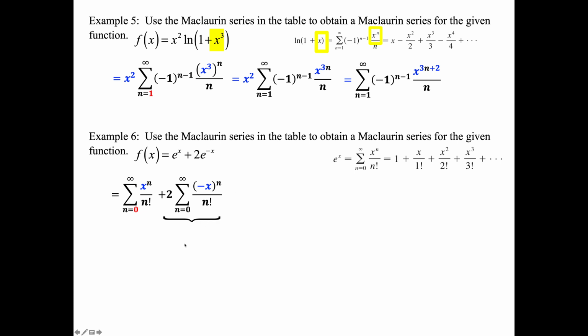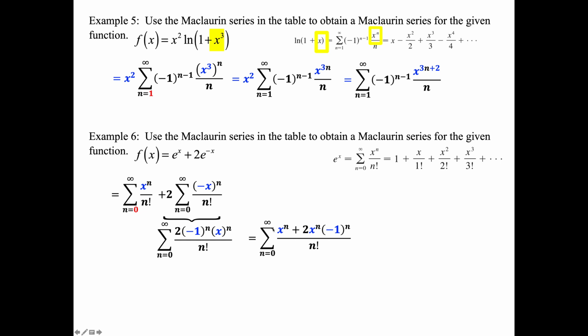All right, so we're going to manipulate this part because we can probably combine this together. So let's take the negative off of the x and call it negative 1 to the n power. And we can bring the 2 onto the inside. Reason being is because now both of these summations have the same denominator. So we're going to be able to add the numerators together when we're done. And again, we have our x to the n here.